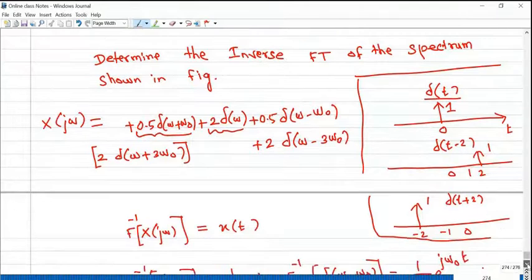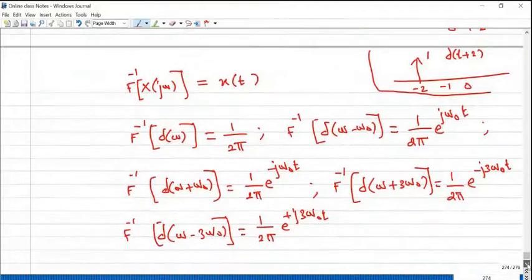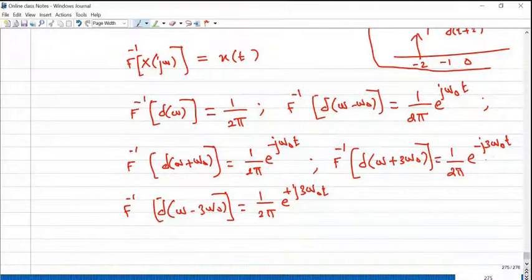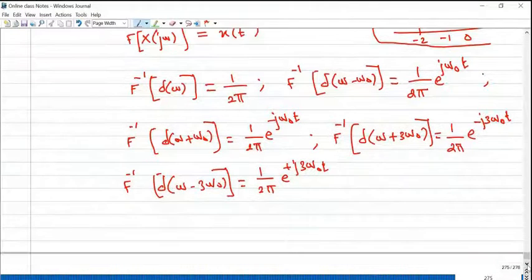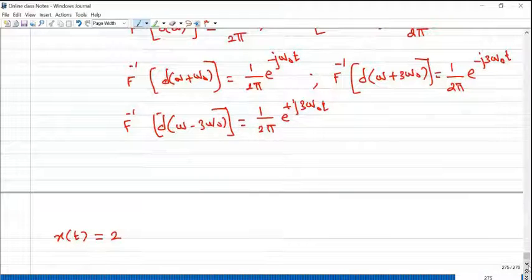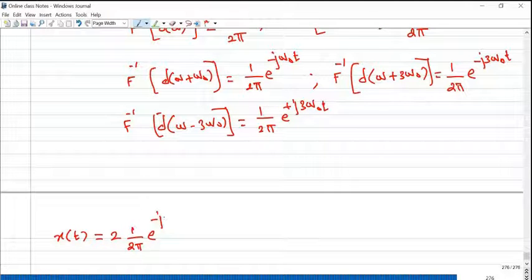What is the inverse Fourier transform? 1 by 2 pi e power minus j3 omega naught. So already that magnitude 2 is available. Let it be 2, 1 by 2 pi e power minus j3 omega naught t.